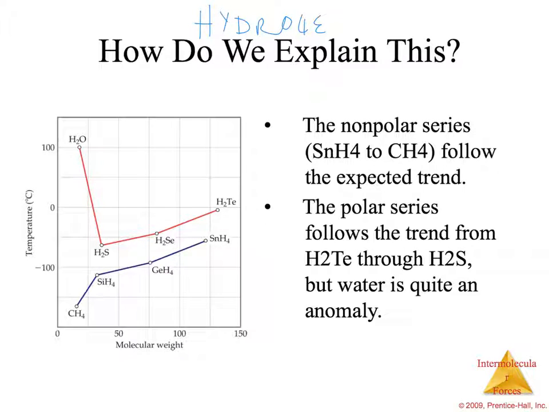So this is some data. If you look here, we're going to look from tin, where this is group 14, to carbon.